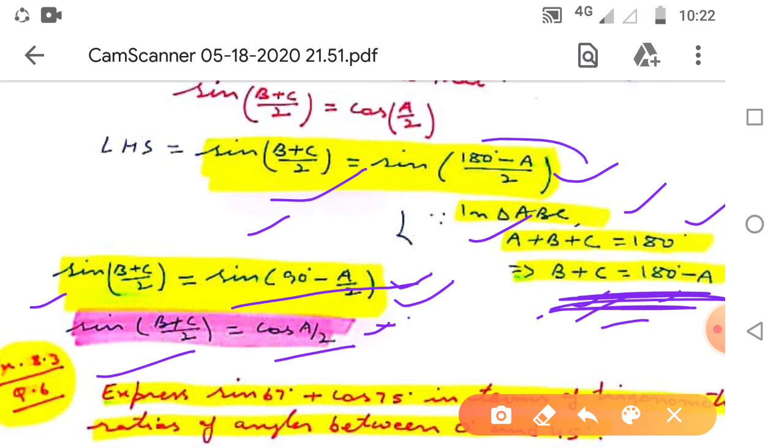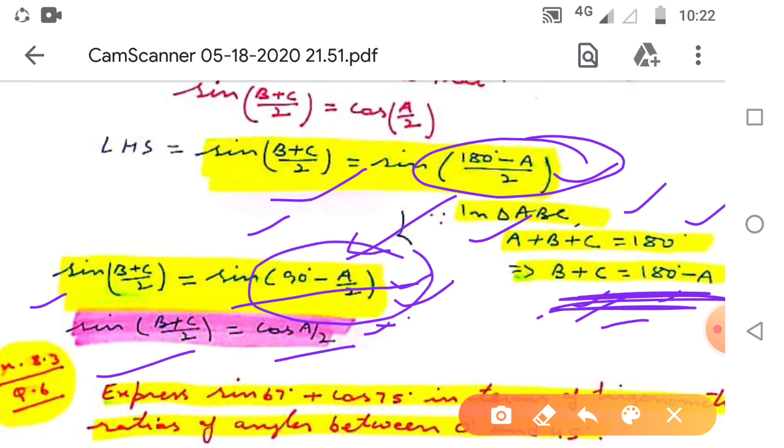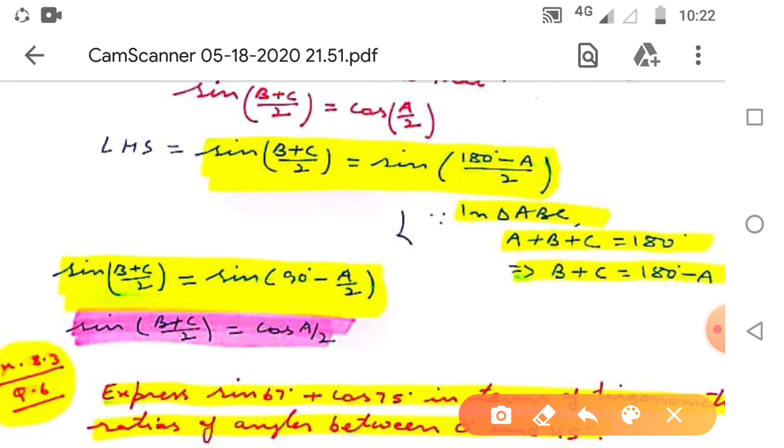Sin(90 minus theta) is cos theta. So sin(90 minus A by 2) is cos(A by 2), right?